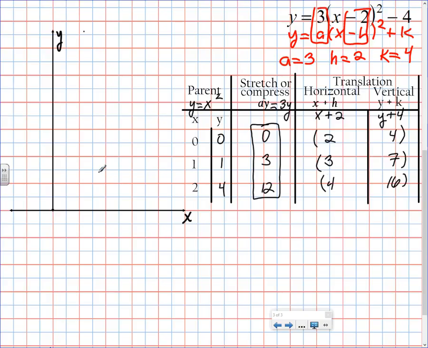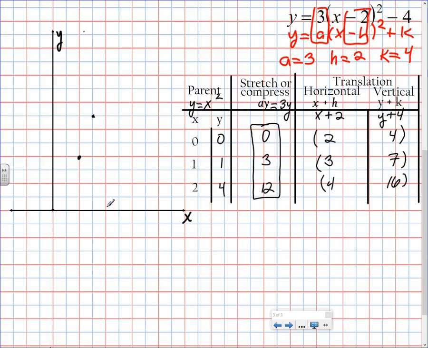So if x is 2, you go 1, 2. If y is 4, you go 1, 2, 3, 4. That is the first point. Second point, x is 3. Go 3 in the positive direction, and y is 7: 1, 2, 3, 4, 5, 6, 7. Next point, x is 4 and y is 16.